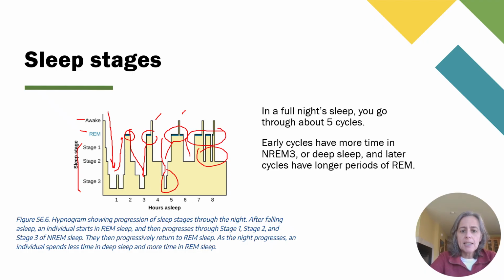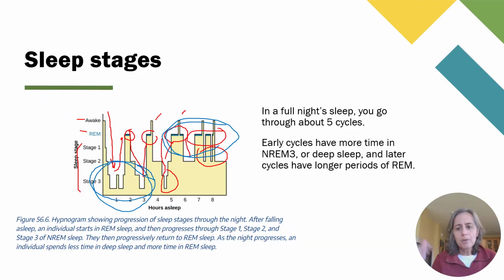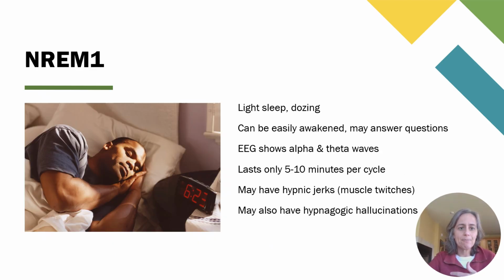So what we see is that in the beginning of the night, you're getting big chunks of this really deep sleep, and towards the end of the night, you're getting big chunks of REM sleep. So you always go through the same cycles, but how much time you spend in each one changes during the course of the night as your sleep cycle progresses.